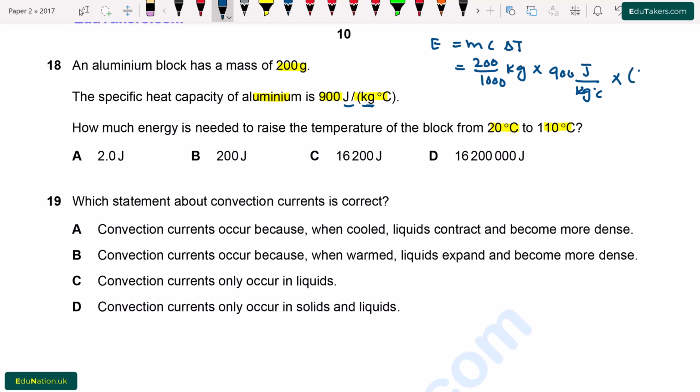So this will be 110 minus 20. So energy E will be equal to 16,200 joule. Now we see the options. Option A 2.0 joule, B 200 joule, C 16,200 joule. So option C is correct from here.